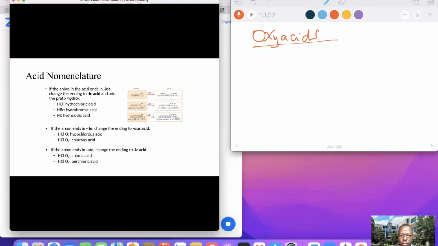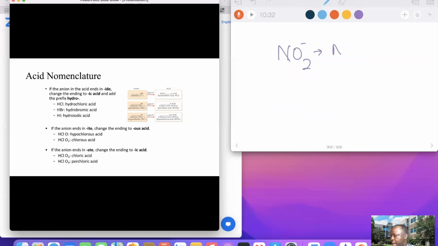For example, all right, here, HNO2 and then aqueous. And then there is HNO3 and then there is aqueous. If you look at the polyatomic anion, this means polyatomic ion, we have NO2 negative.